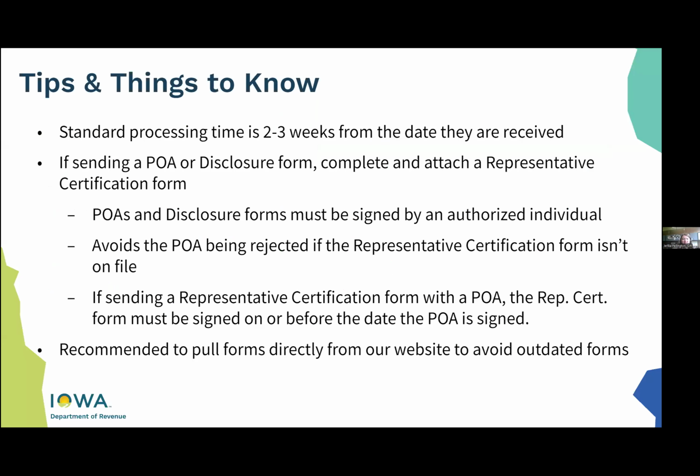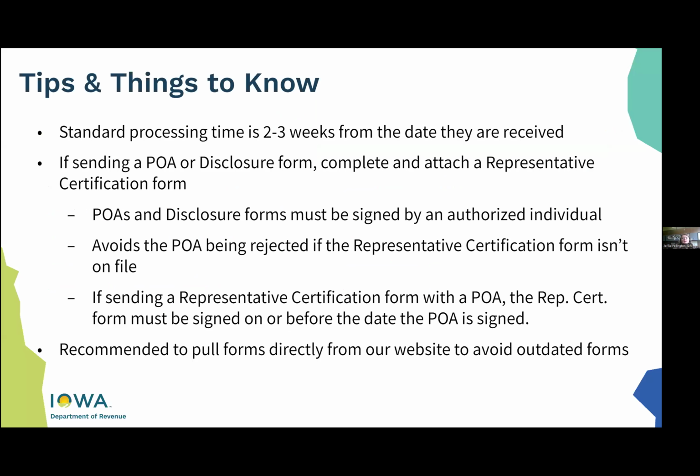So a couple last things to know here is that we do have a few other things for you to consider, is that our standard processing time is 2 to 3 weeks from the date that we receive the form. That's how long you can expect it to take for us to review and either approve or deny that form. And then like I mentioned earlier, if you're sending that power of attorney or that disclosure form, make sure that you're including a copy of that rep cert form.